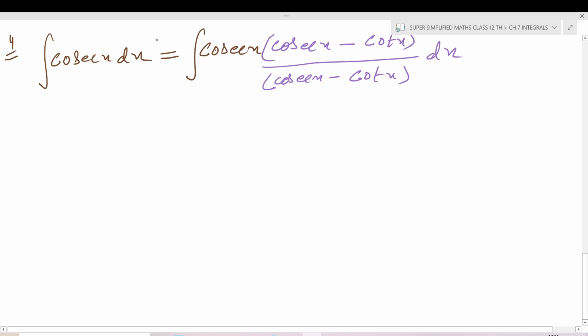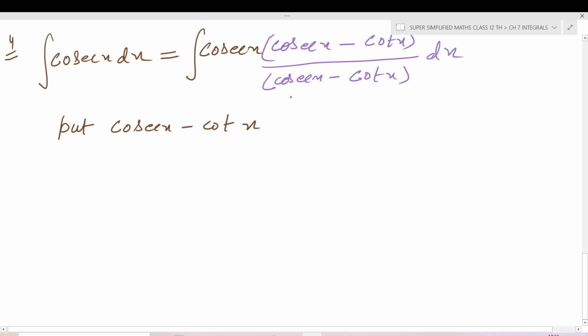Now let us find the integral of cosec x. As you can see here, I have multiplied and divided cosec x by cosec x minus cot x. It's also a trick. There are some basic tricks in integration that you sometimes have to memorize, but later on you will become used to them. Now I will make a substitution. Why I make this substitution, after doing so many questions, I can explain to you.